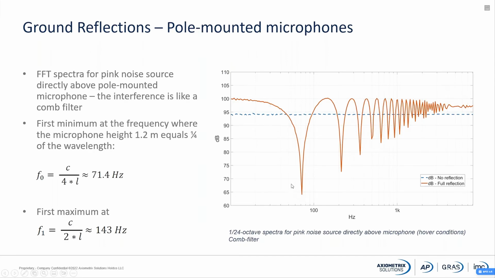And then you will have a maximum at 143 hertz, and then it will just continue like this. That means that we have a big influence from the reflective wave, and therefore this is not really a good measurement because you will have different results dependent on what frequency you're actually measuring at.